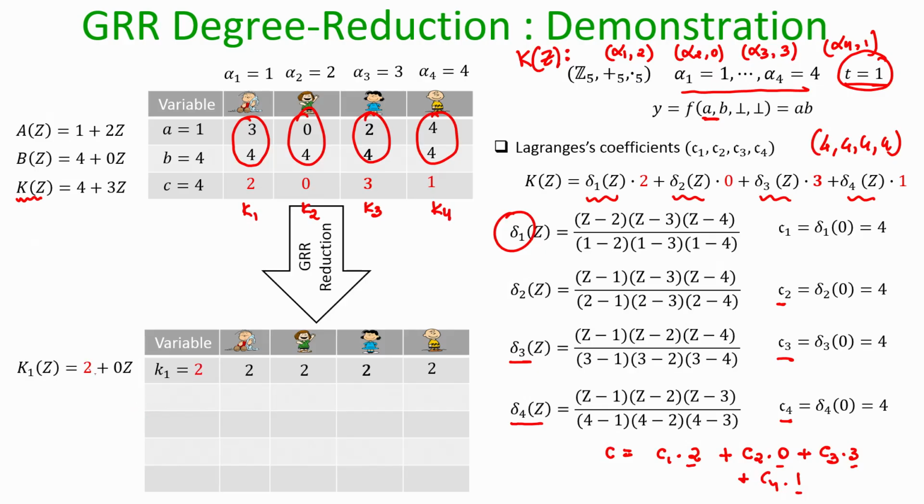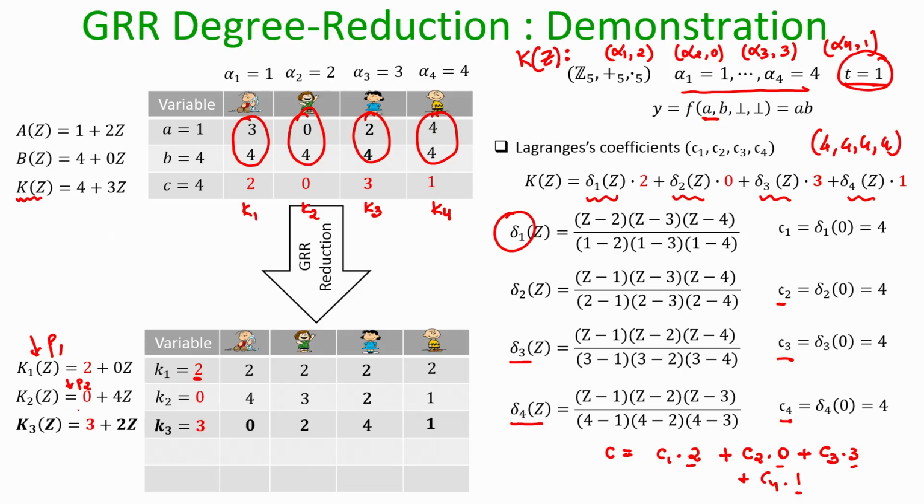Party 1 will act as a dealer and secret share its private input k 1 through a 1 degree polynomial. Party 2 will act as a dealer and secret share its private input which is k 2 through a 1 degree polynomial.